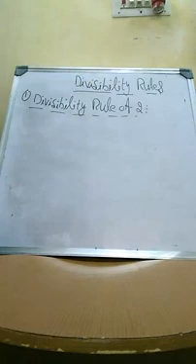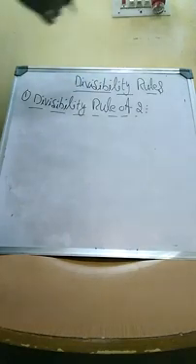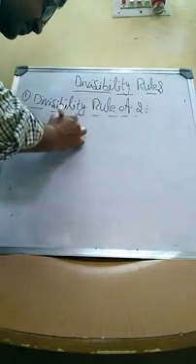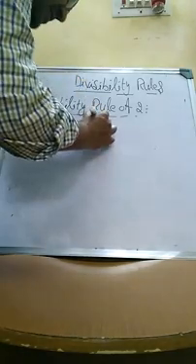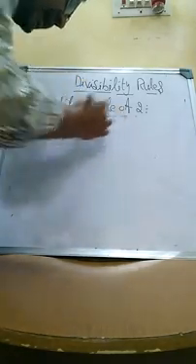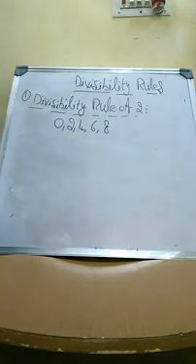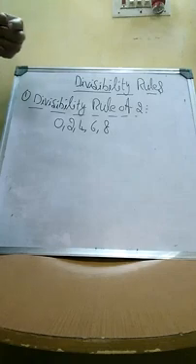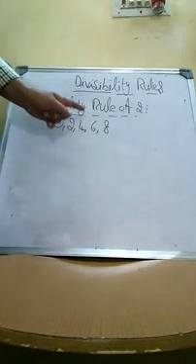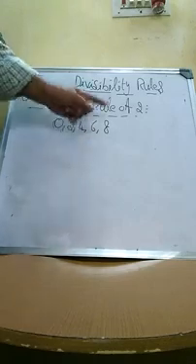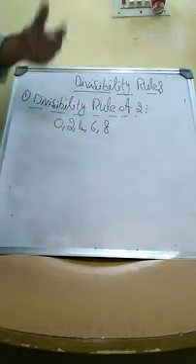If a number contains 0, 2, 4, 6 or 8 as the last digit, then that number is divisible by 2.